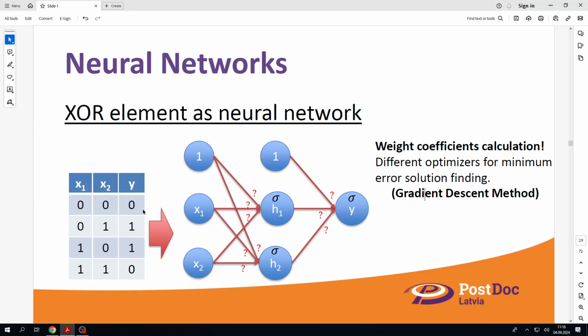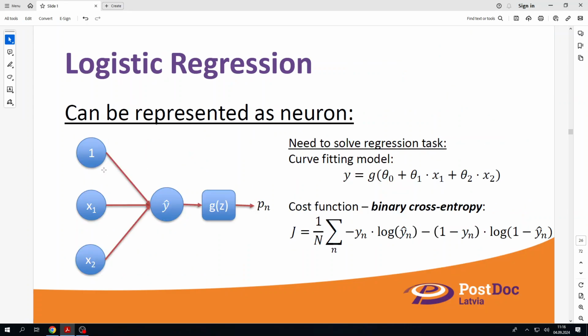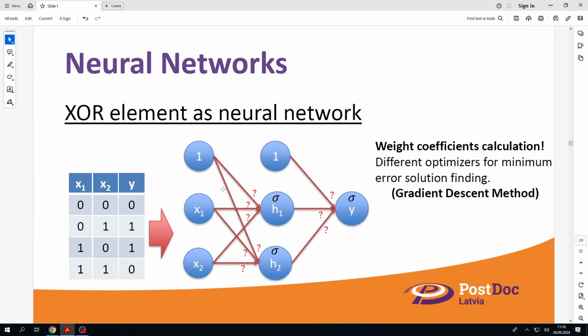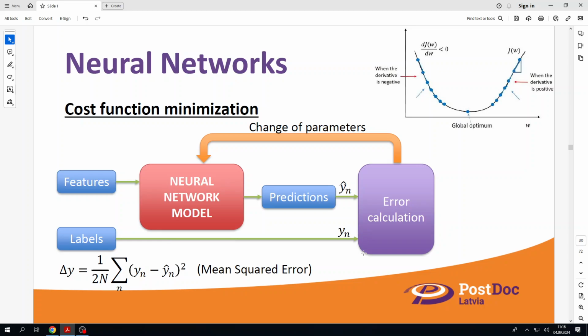It may not predict correctly, but then you use this cost function to calculate the error. Based on this error calculation, you change your theta parameters and repeat this process again. If your optimization procedure works correctly, this time your error should be smaller, and you repeat this step until the error change is almost non-observable.